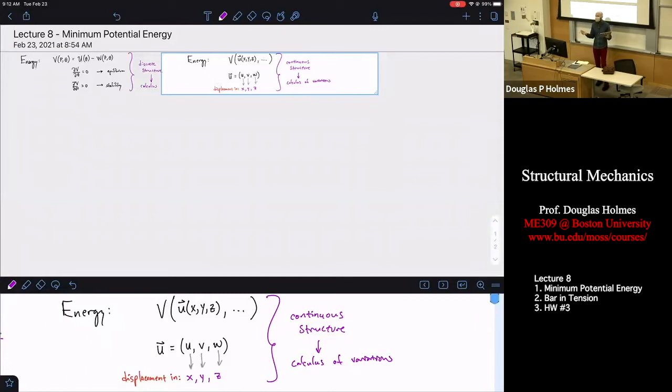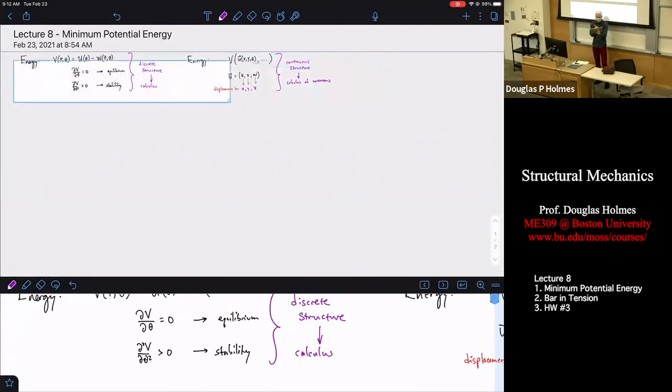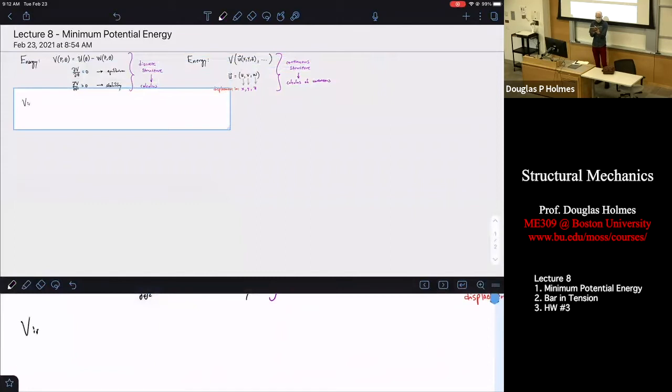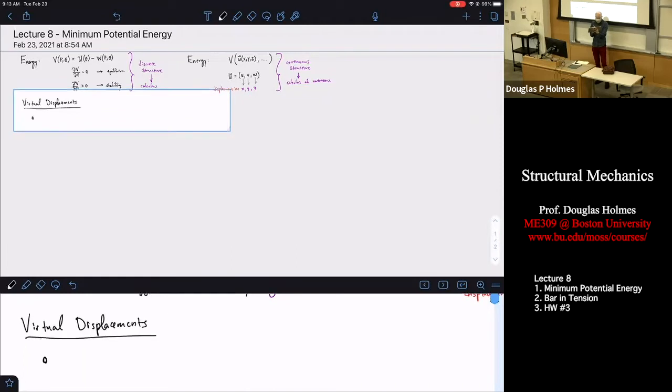This is probably ringing a bell, where if you have a virtual displacement, you multiply that virtual displacement by the forces in that direction. So for instance, you have a particle here, and it's in Cartesian space.